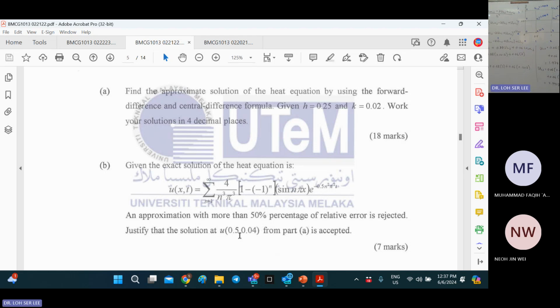If the relative error is more than 50%, then you give your justification: your solution from part A is rejected.